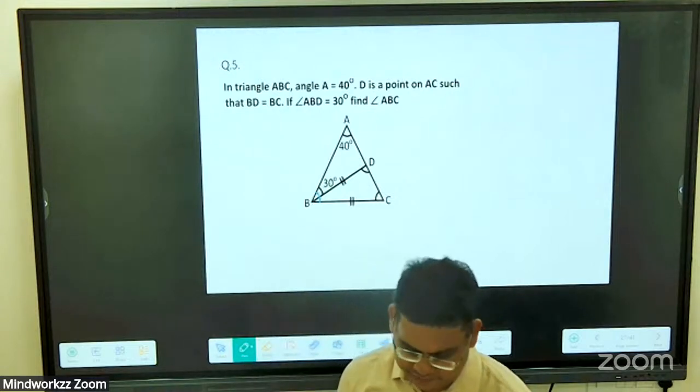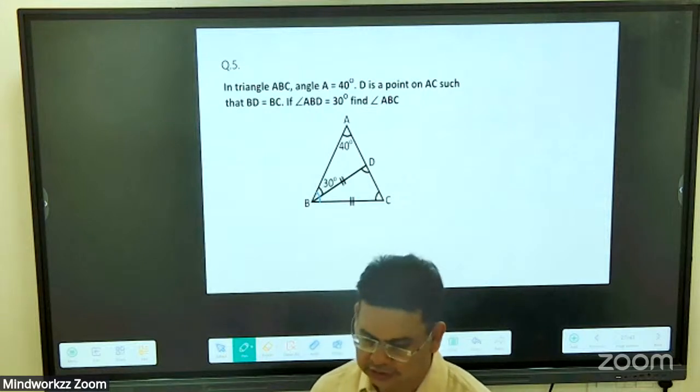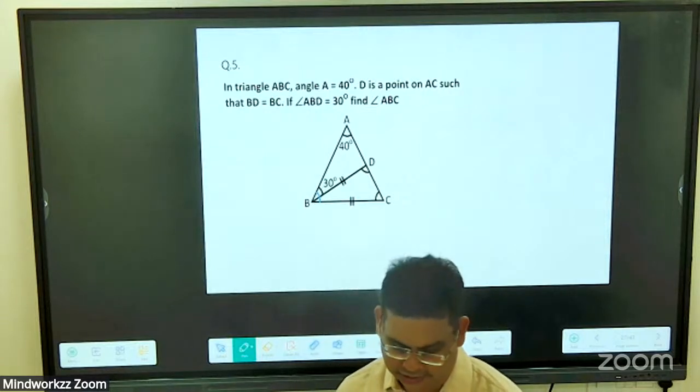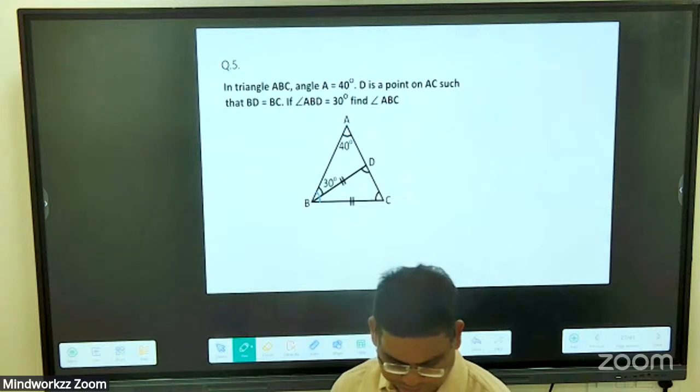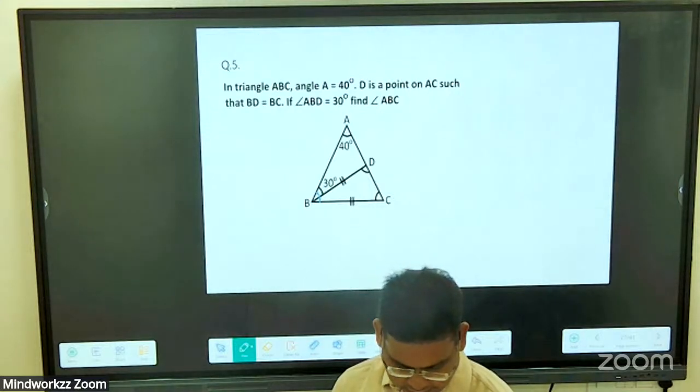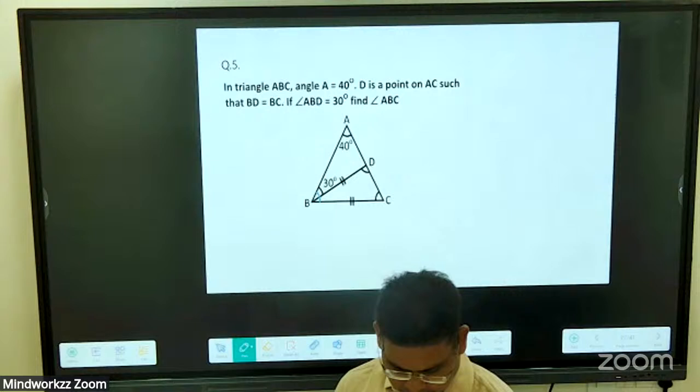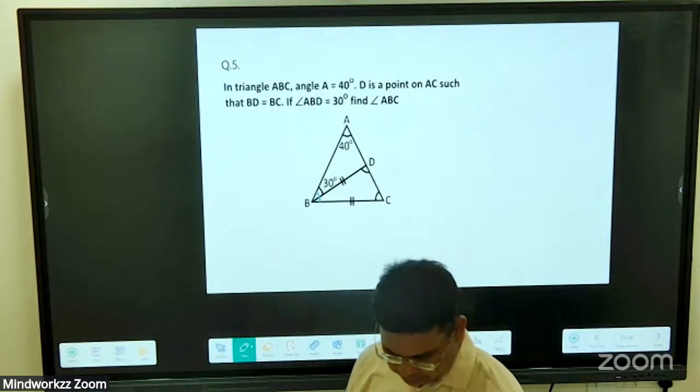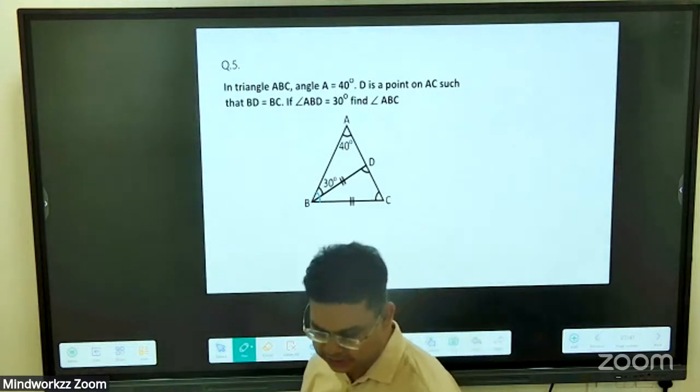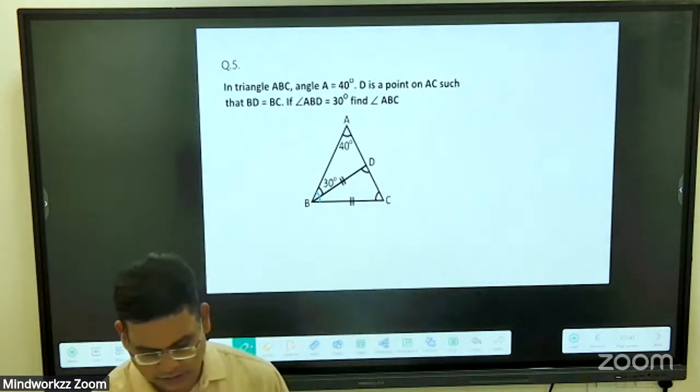Two people, two different answers. Third person, can you confirm what is the right answer? What is the correct answer? The correct answer is neither 65 nor 40.